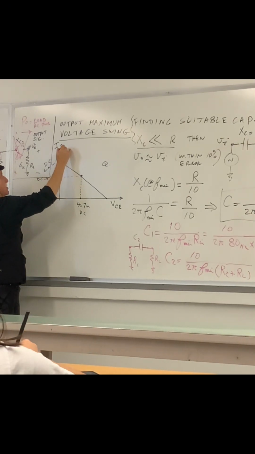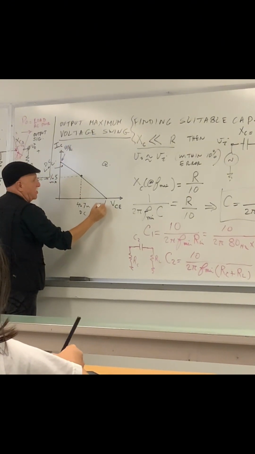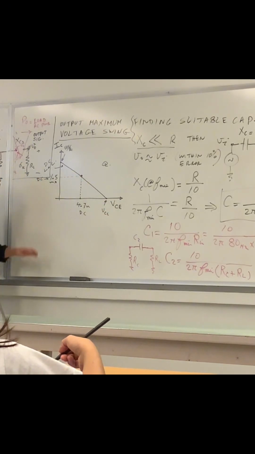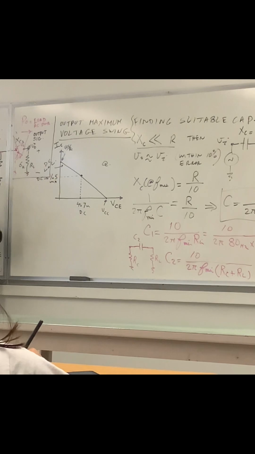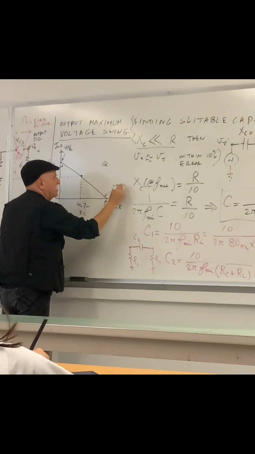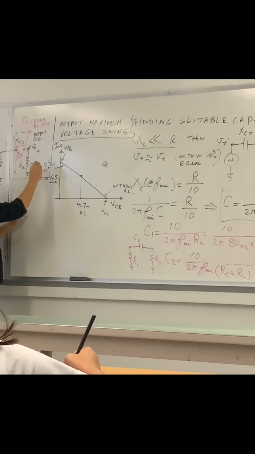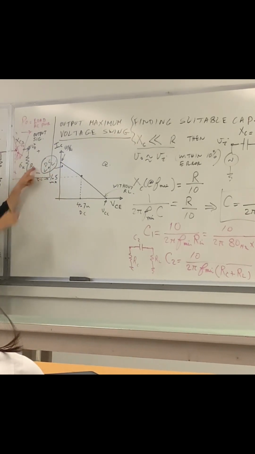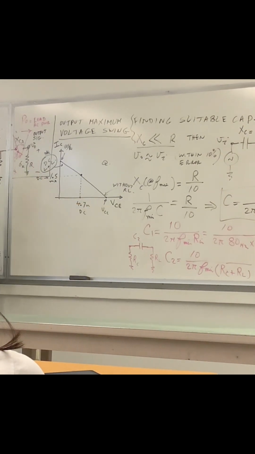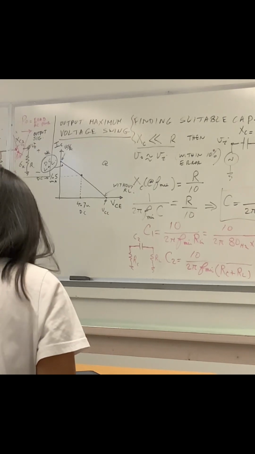This corner was VCC over RC, and this corner was VCC. This is the relationship between IC and the VCE without RL, known as the DC load line. Please make this emphasis here. It's called DC load line, no RL. RL doesn't count upon the DC of the circuit. Remember, RL doesn't influence the DC because of the blocking capacitor.